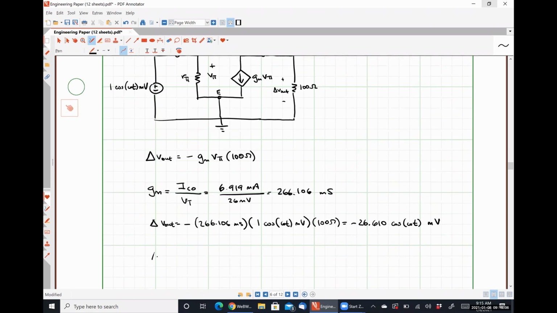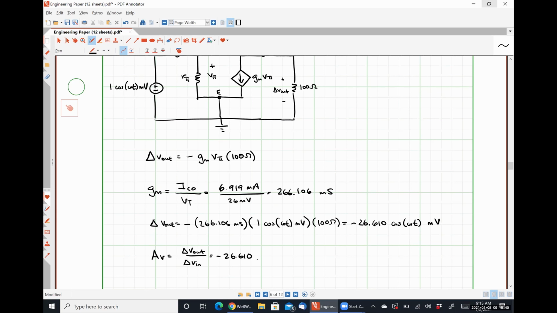This means our voltage gain, AV, defined as the change in small signal V out versus the change in the small signal V in, is negative 26.610. So our 1 millivolt signal has a gain of negative 26.61 applied to it. This is an example of what's called a common emitter amplifier. Okay.